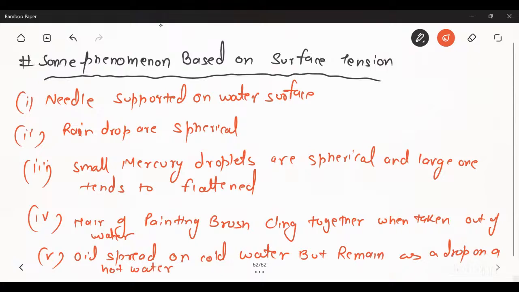So those are some examples of surface tension. Now one more example: if we add water to clothes, suppose that was a shirt with dirt on it. If we dip this shirt in normal water, the dirt will not be removed.